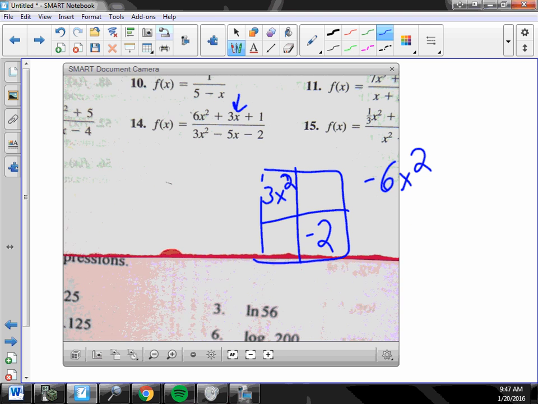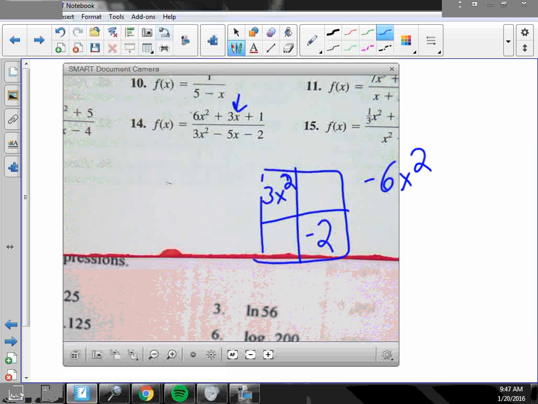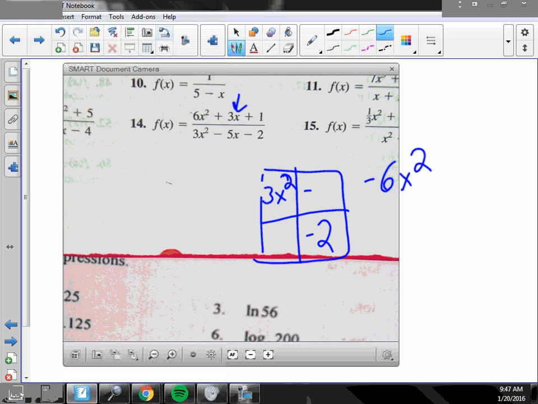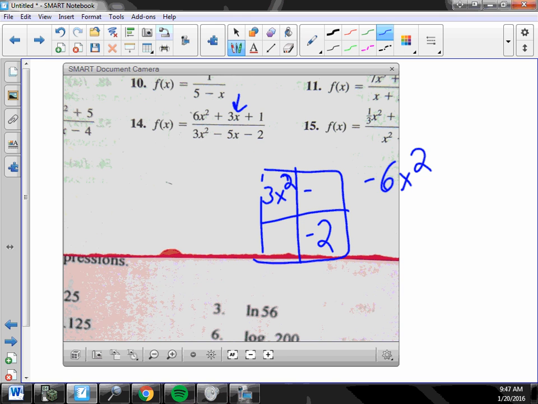Are there factors of negative 6 that add to be negative 5? So negative, well, they got to be different signs. Negative 6x and positive x. What does the top row share? 3x. So this would be x, and this would be minus 2, and this would be plus 1.